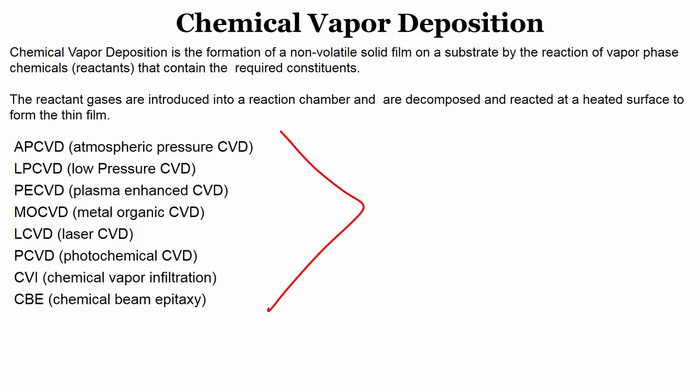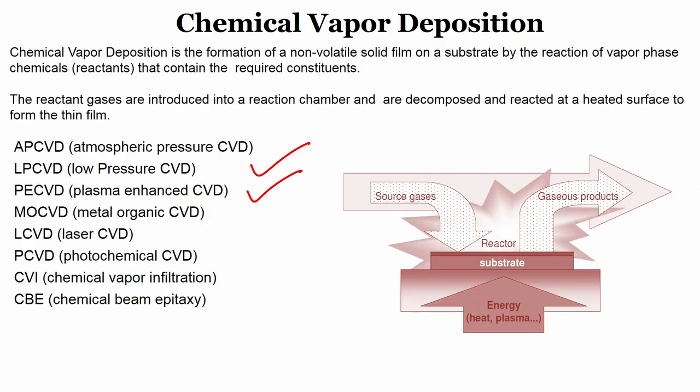What we have to see here are two CVDs: low pressure chemical vapor deposition and plasma enhanced chemical vapor deposition, alright. We will see which one we can use when.